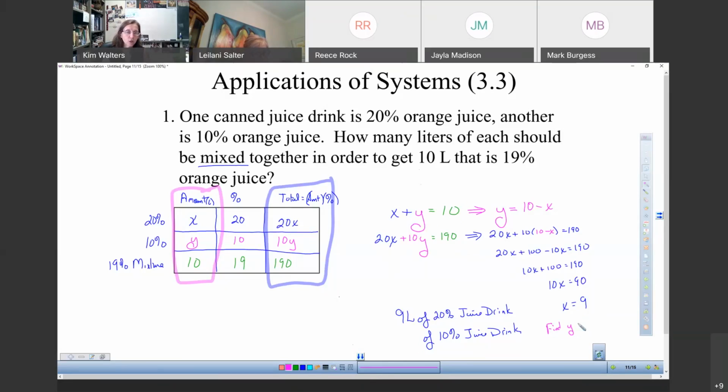So I can use y is equal to 10 minus x, and therefore y is 10 minus 9, which is 1. Or I can just say, I think I got this. And so 1 liter of the 10% juice drink is what's needed. Questions?